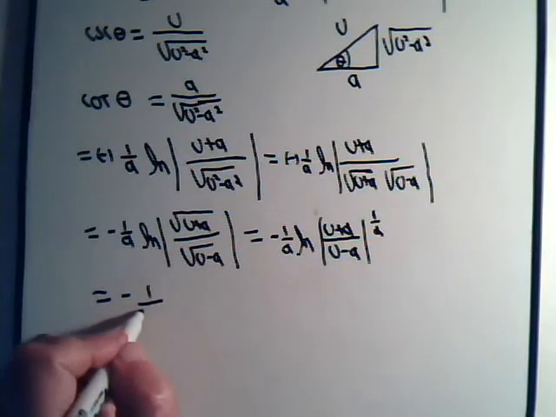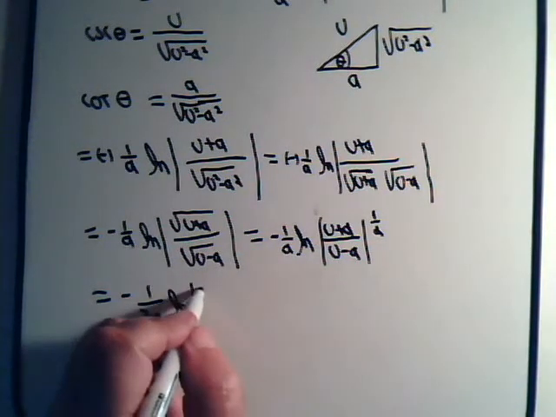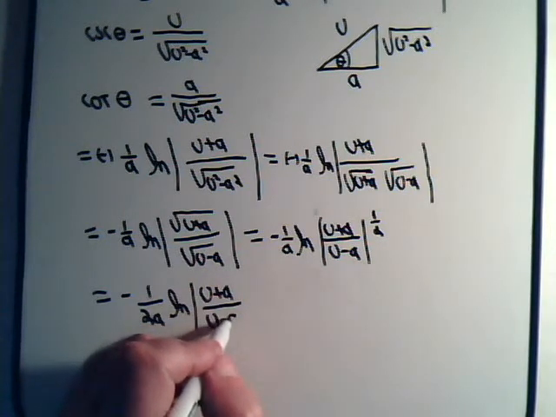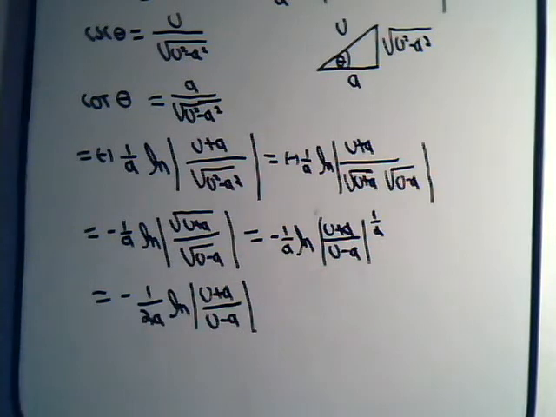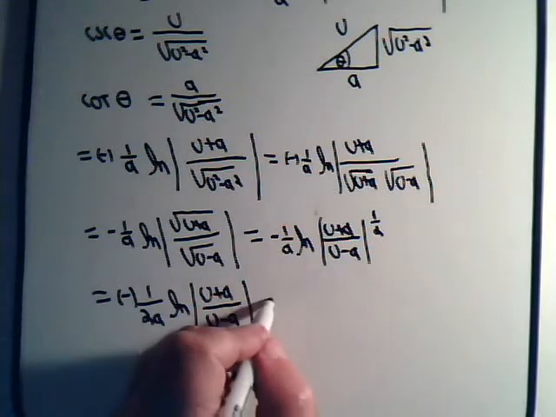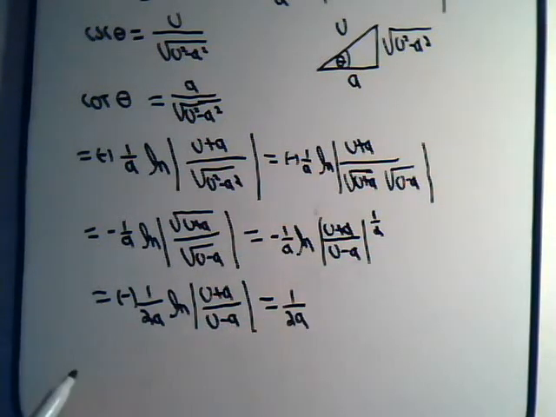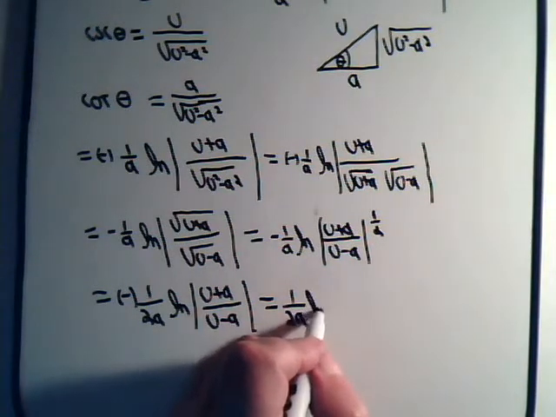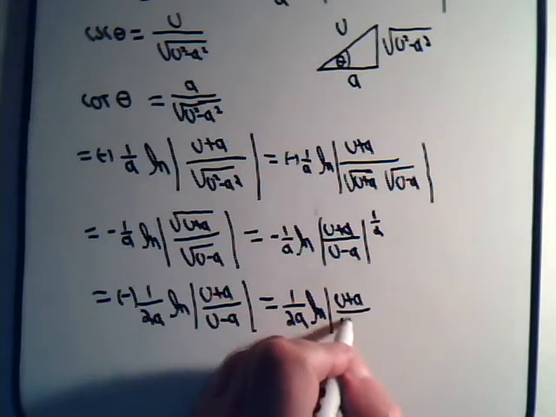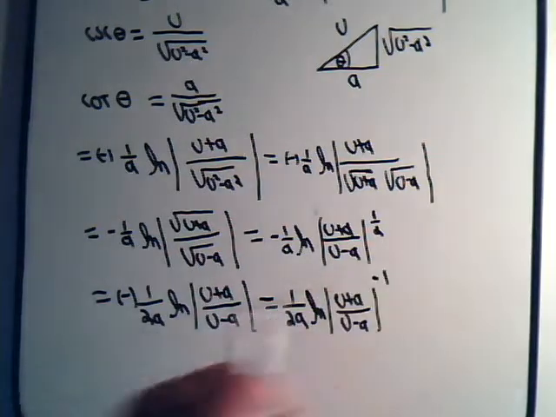And let's see, this will be equal to minus 1 over 2a, the natural log of u plus a over u minus a. And again, because we're dealing now with logarithms, we can re-express this as 1 over 2a, the natural log of u plus a divided by u minus a to the minus 1 power.